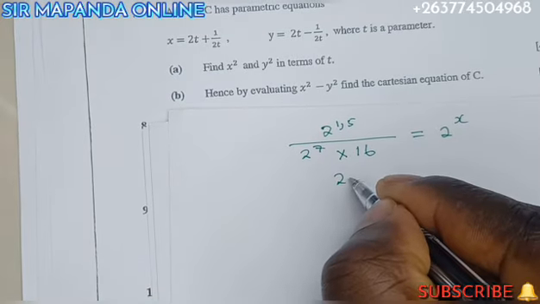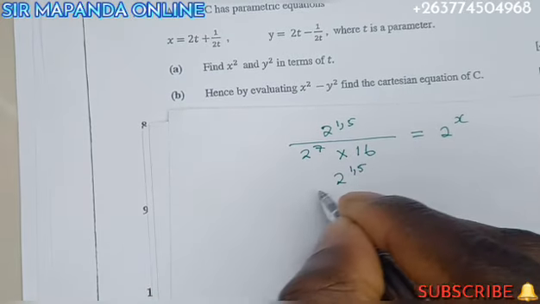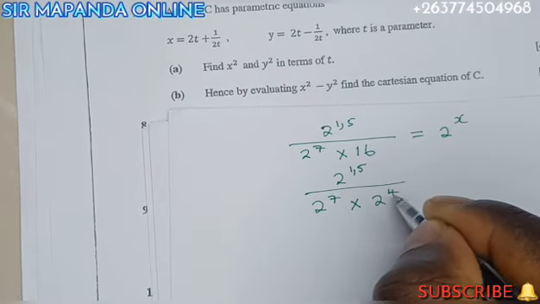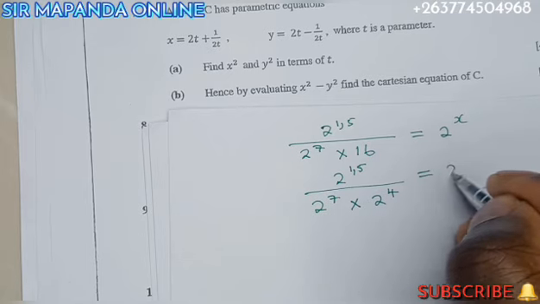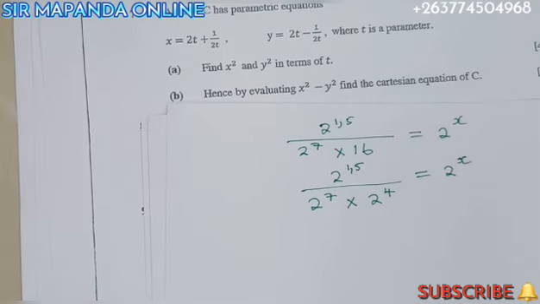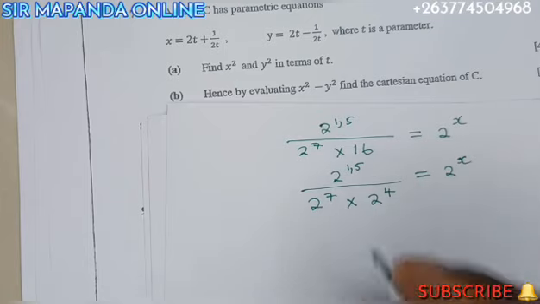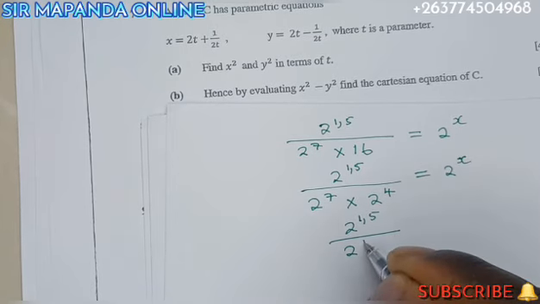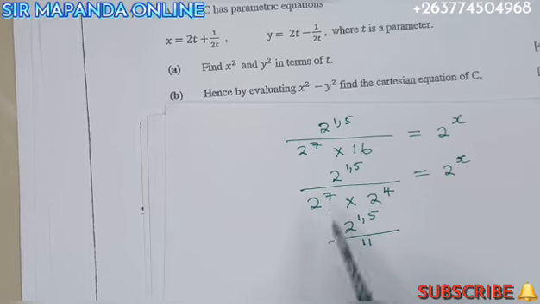So you are saying 2 to the power of 1,5 over 2 to the power of 7 times 2 to the power of 4, which is denoting 16, is equal to 2 to the power of x, right? So remember, when multiplying numbers with the same base, you add the powers. So it means 2 to the power of 1,5. Here you are going to get 2 to the power of 11. Since 2 to the power of 7 times 2 to the power of 4, you are multiplying numbers with the same base, you simply add 7 with 4, you get 11.